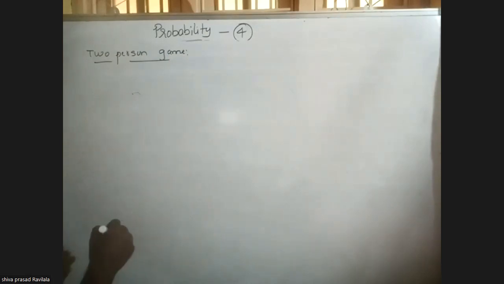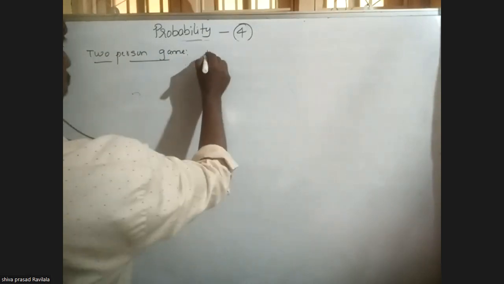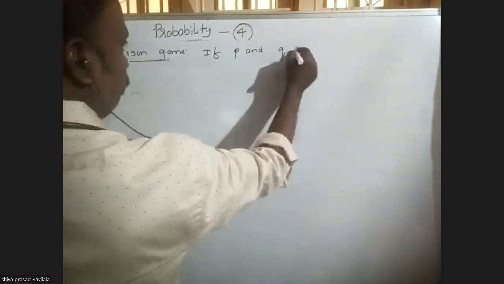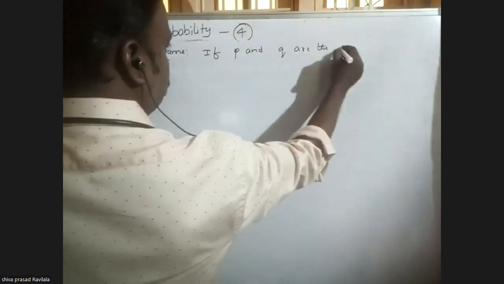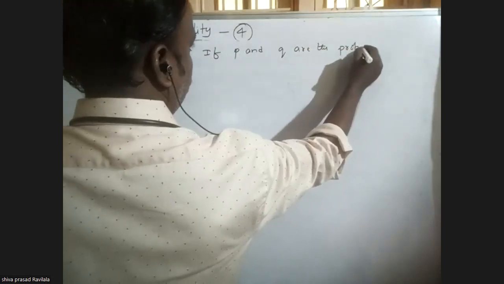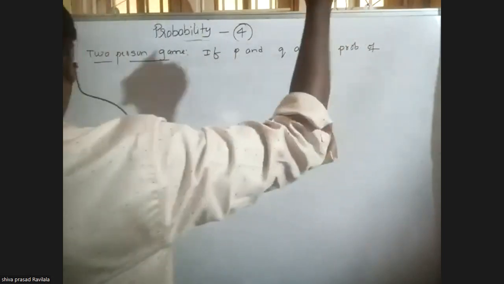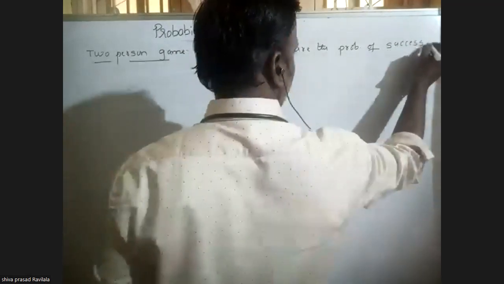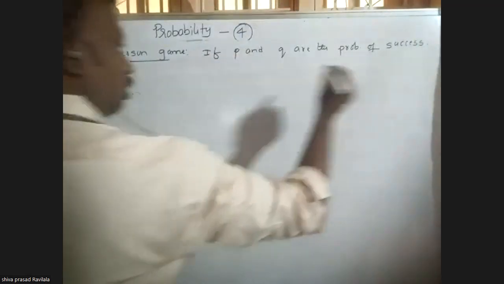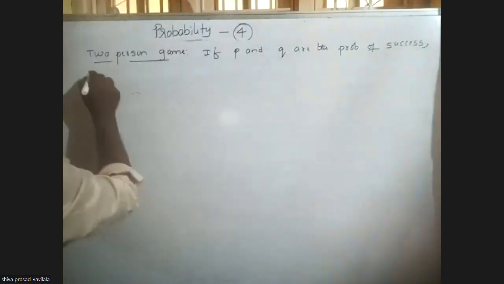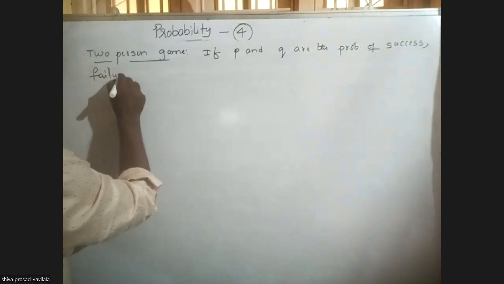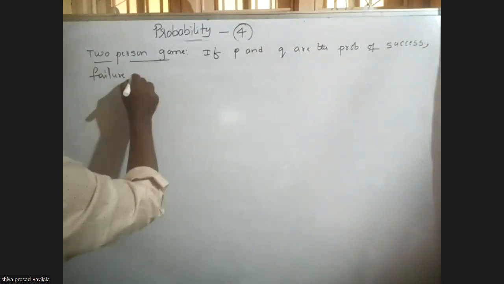If P and Q are the probability of success and failure respectively of a game, they give only success. Q is there. First one probability of success and second one probability of failure of a game.